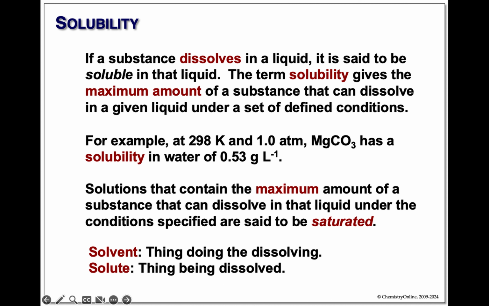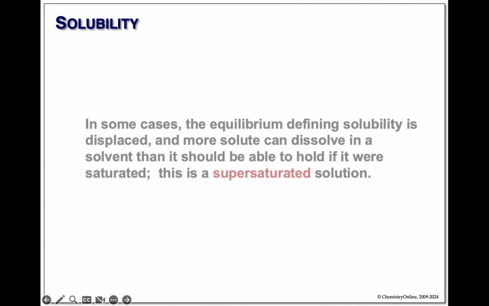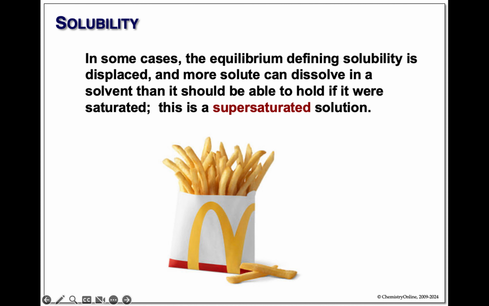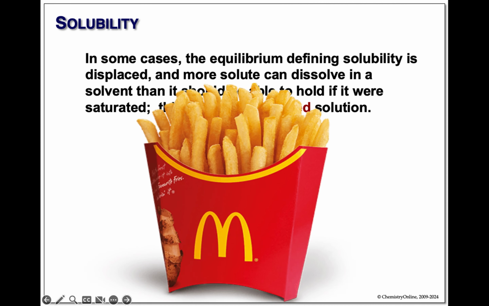Then you let them cool, and you wind up with a solution that's not just saturated, but it's called supersaturated. Basically, you have too much of the stuff in there. Think about fries. This is fries. That's supersized, too much, right?